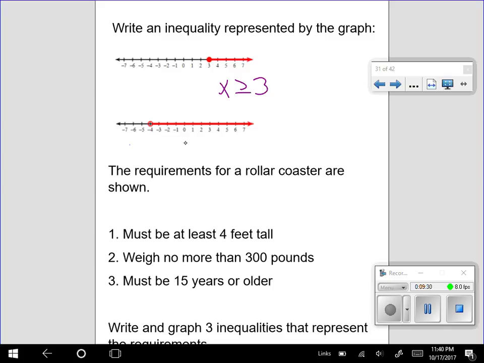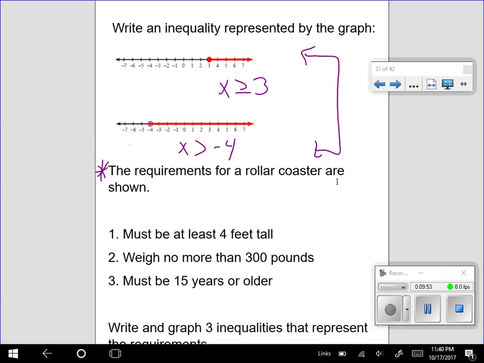Here, I should have x is going to be greater than, open circle, negative 4. So I need to just practice a couple of those. You do not have to write these two down. I feel like you guys probably have a good handle, and we'll do a practice on that on the CSA review. But I would like you to write down this problem because there's one just like it on your CSA.